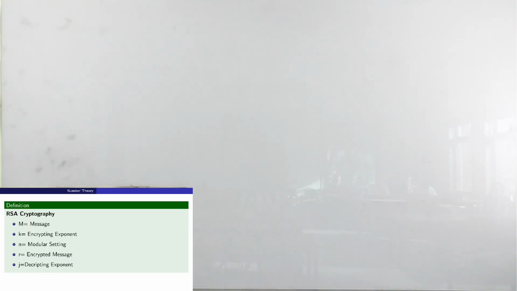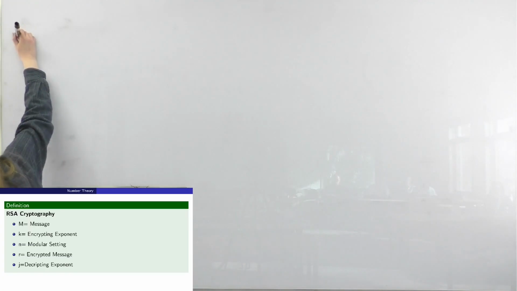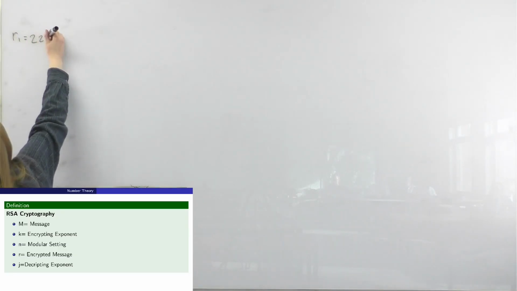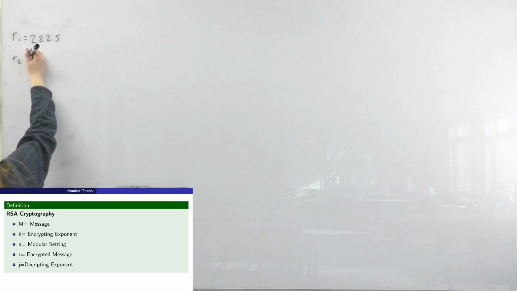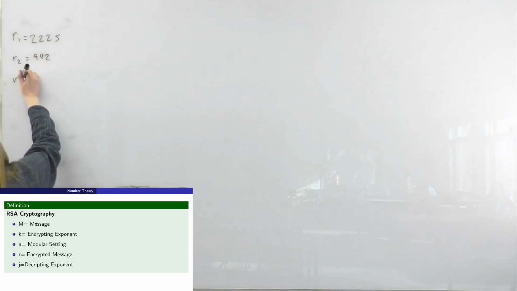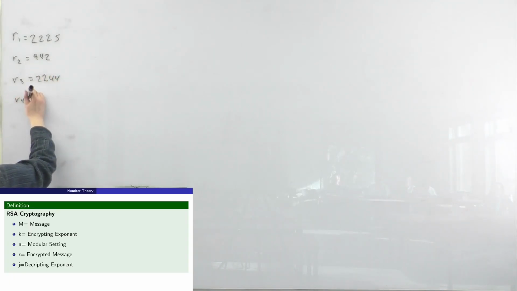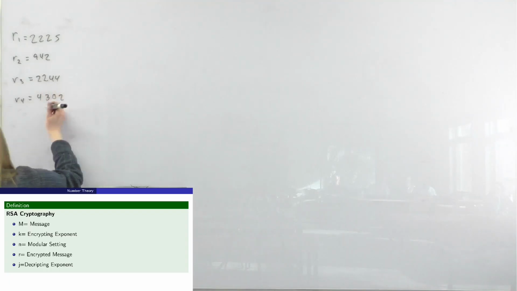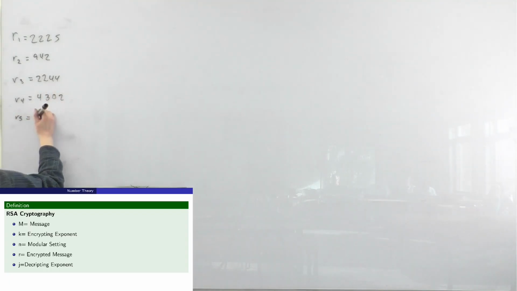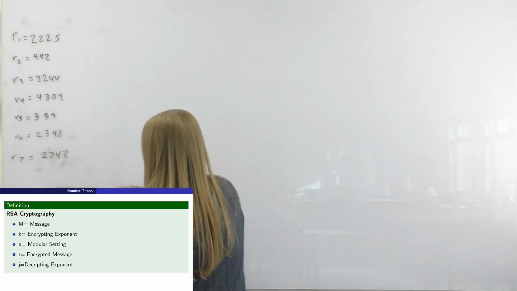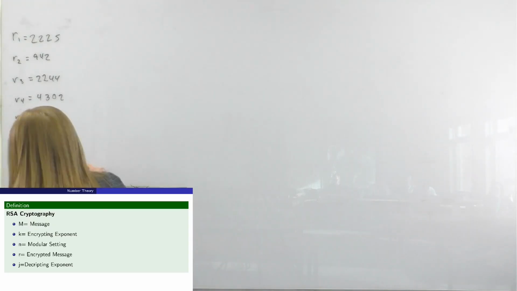All right. So R1 is 2,225, R2 is 942, R3 is 2,244, R4 is 4,302, R5 is 339, R6 is 2,348, R7 is 2,748, and we have that J is equal to 167.